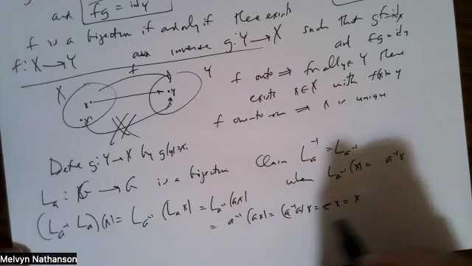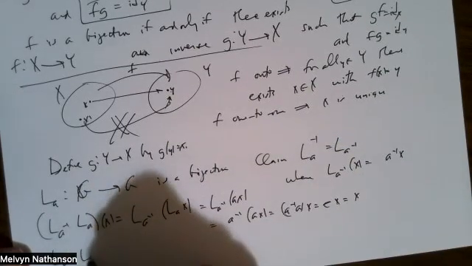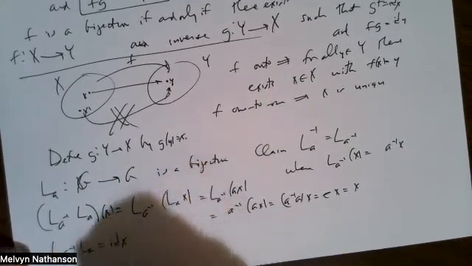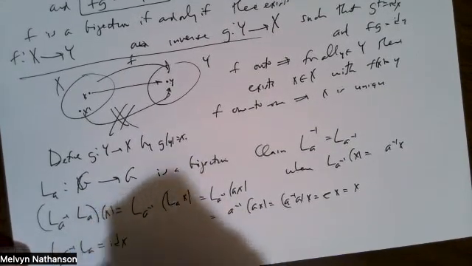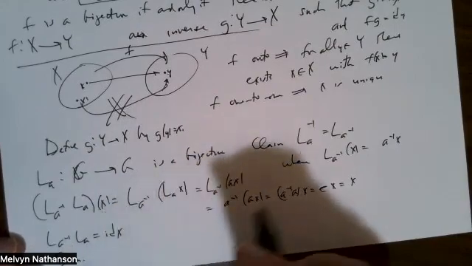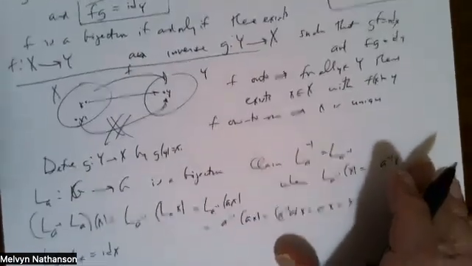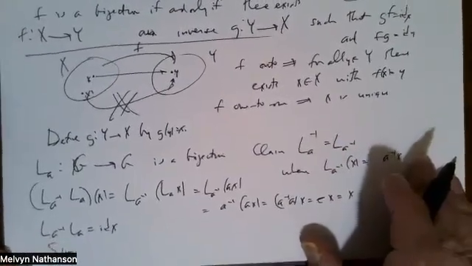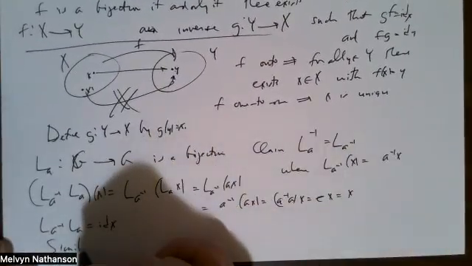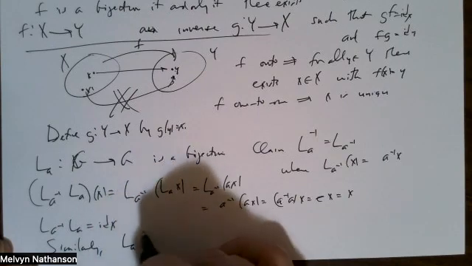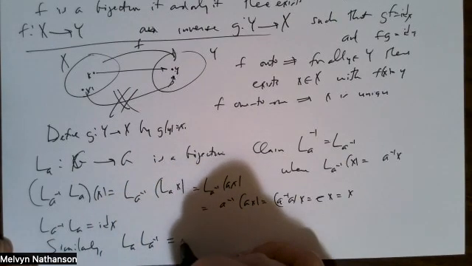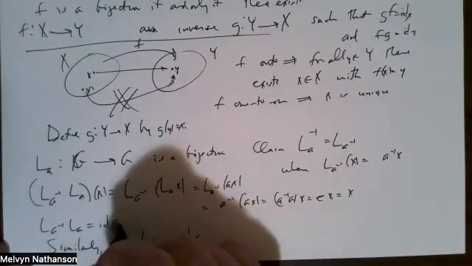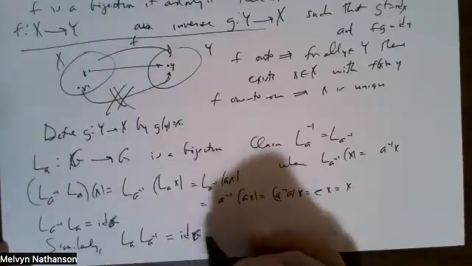This is X. So L sub A inverse composed with L sub A is the identity on G. And similarly, L sub A composed with L sub A inverse is also the identity on G.